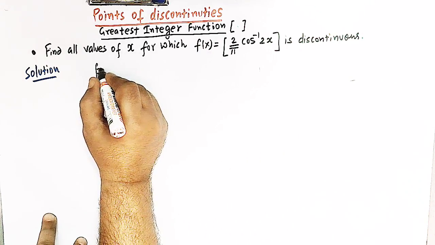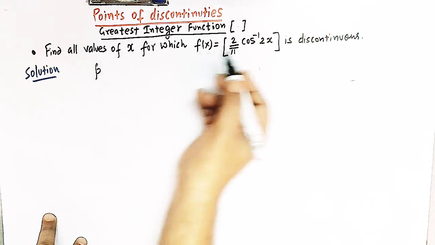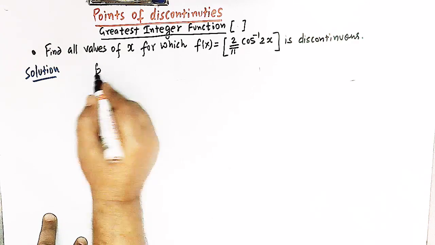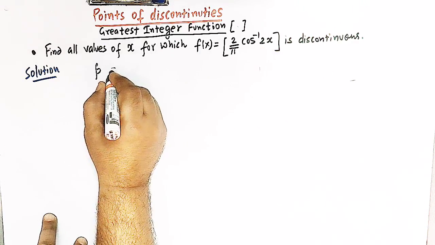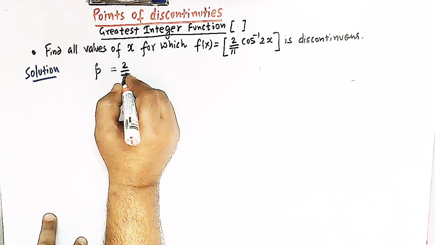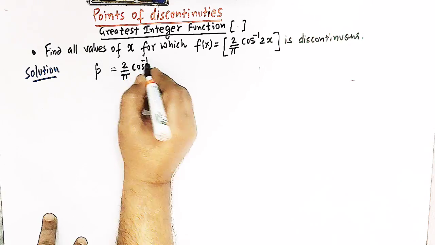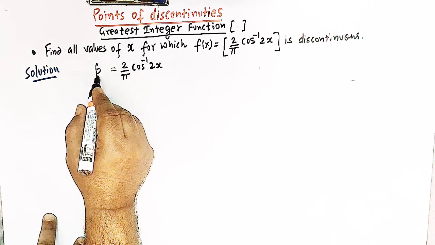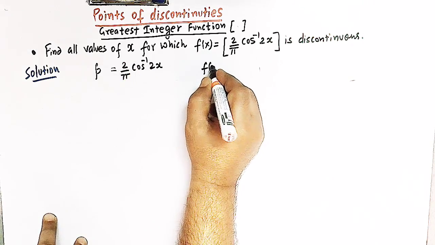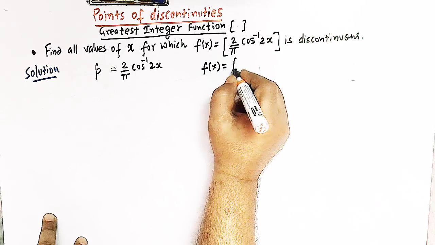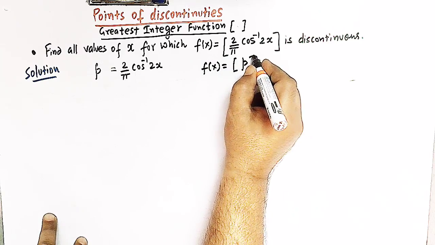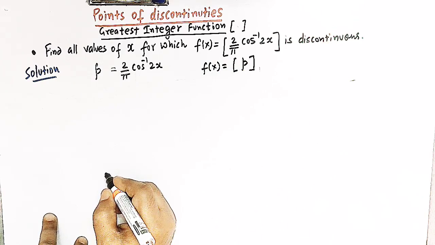We can also take it as p of x, but for simplicity we'll take this expression, that is 2 over pi cos inverse 2x, as p, so that our function f of x assumes the form greatest integer of p, right?